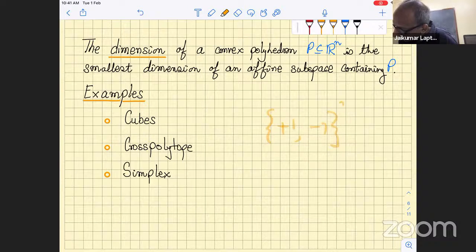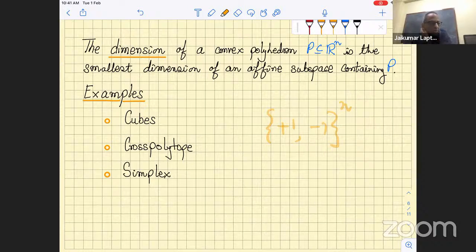In general, there are these 2 to the n points, plus 1 minus 1 to the power n, and you take the convex hull of these, that will give you a polytope with 2 to the n vertices, and that is called the hypercube or a cube.